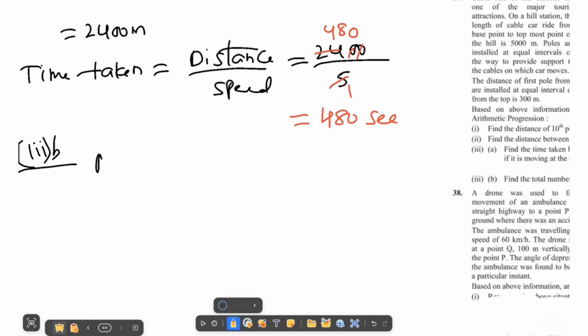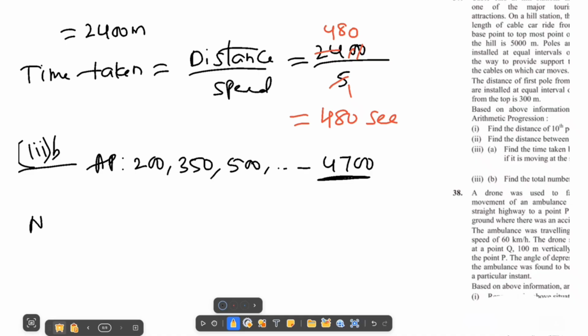See, what is the original arithmetic progression? 200, 350, 500, and the last term in this one is 4700. So we have to find this 4700 will be which term in the arithmetic progression.